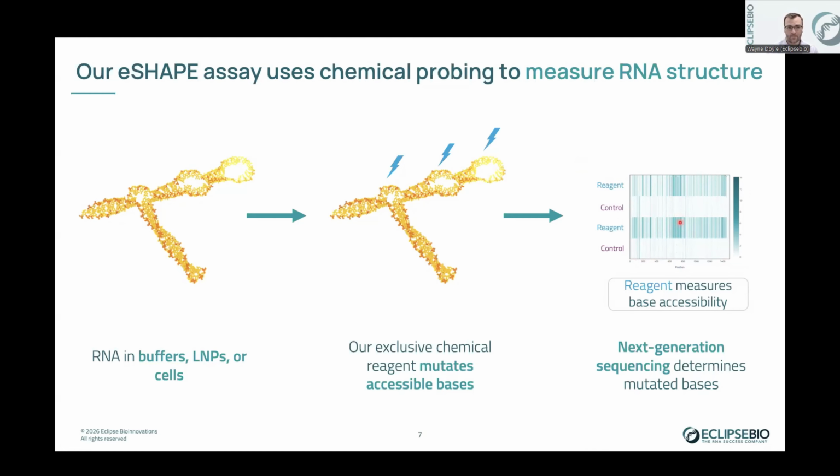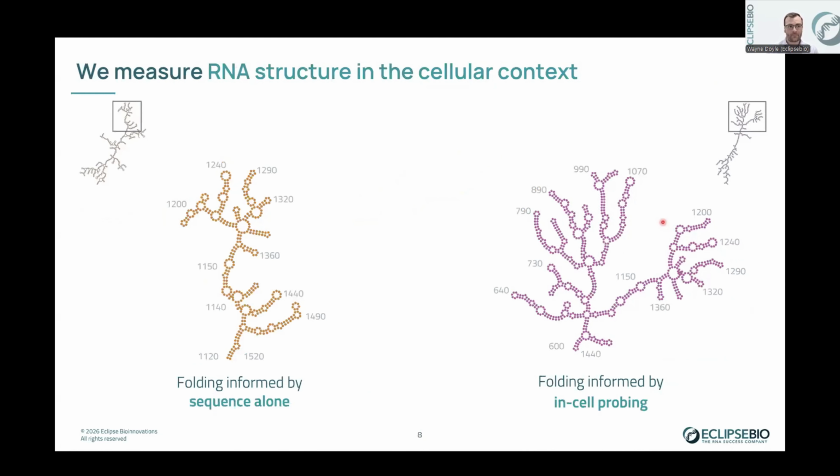This is, for example, a region that's unpaired and consistent with a large loop. And where we get drops of color, those are regions more consistent with a helix, a region that had a lot of base pairing. From this, we can go across the RNA and say this base is paired, this base is unpaired, and then use that to determine the actual secondary structure of the RNA in a specific environment.